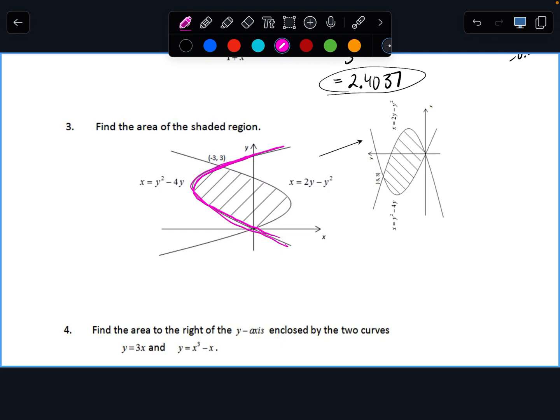They're both in terms of y. So it's kind of a cheat way to tell that we're going to be integrating in terms of y. Because if you picture your positive x-axis as your positive y, like if you turned your head, that's what it looks like.